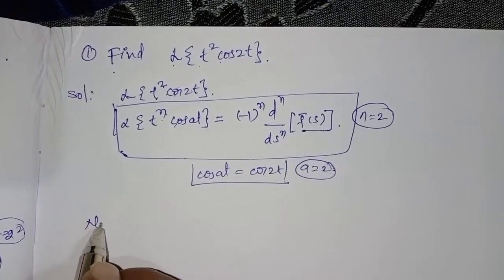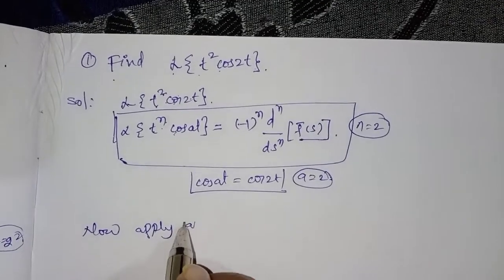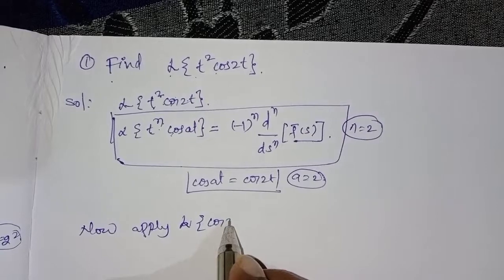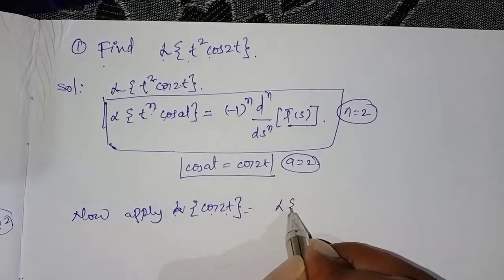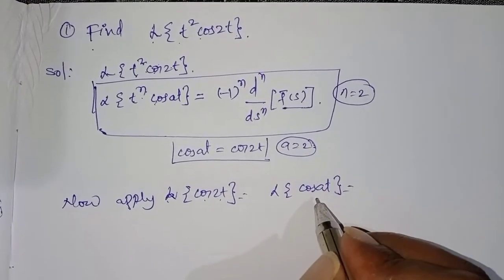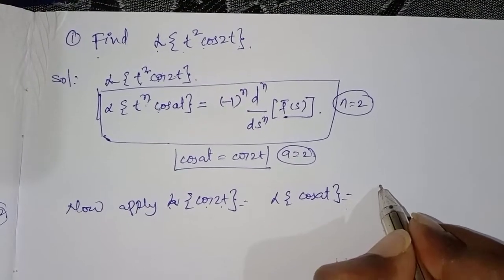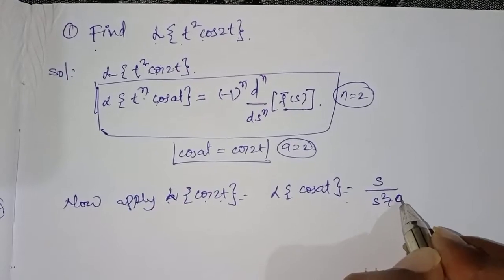Now apply Laplace on cos 2t. Laplace of cos at formula is s upon s square plus a square.